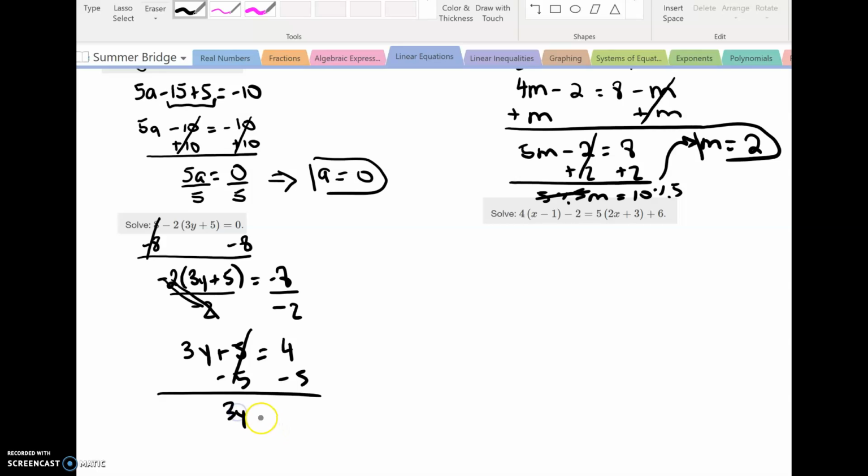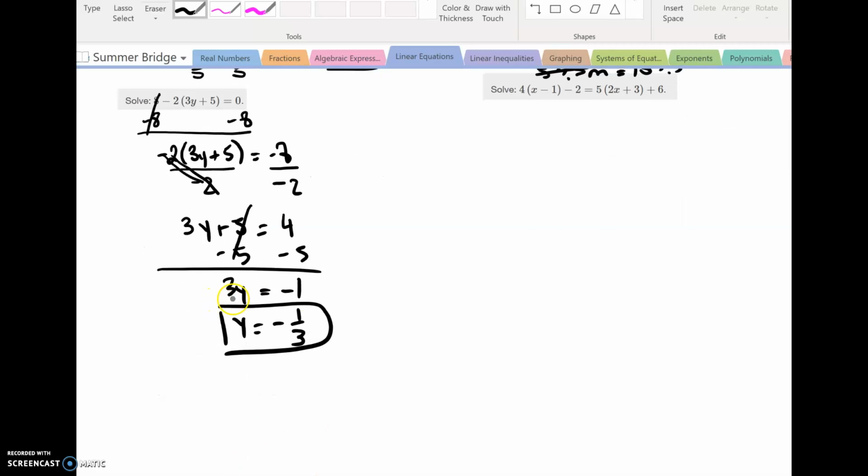I have 3y is equal to negative 1. So y is equal to negative 1/3. I'm sorry, divided both sides by 3. Kind of skipped a step there. I apologize. Okay. So that's this next problem.